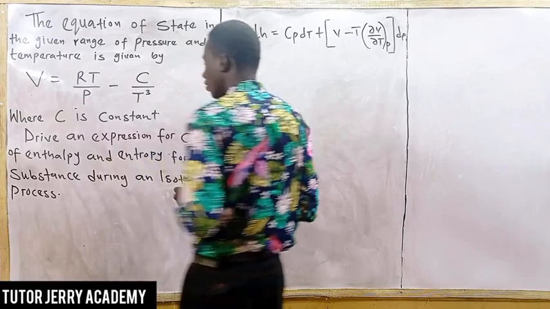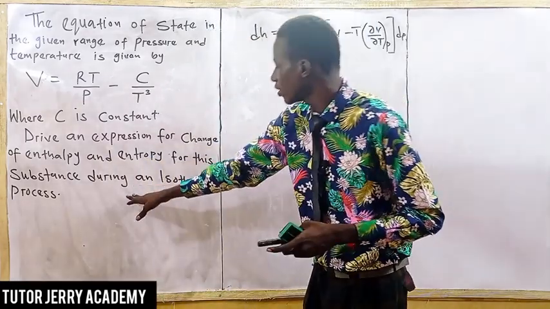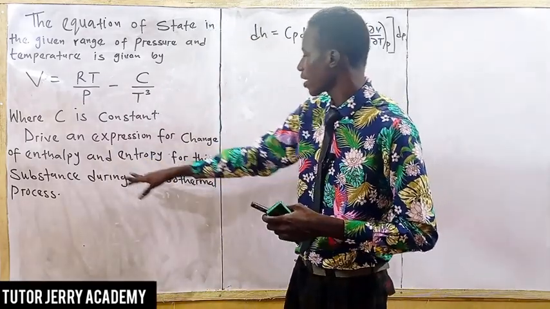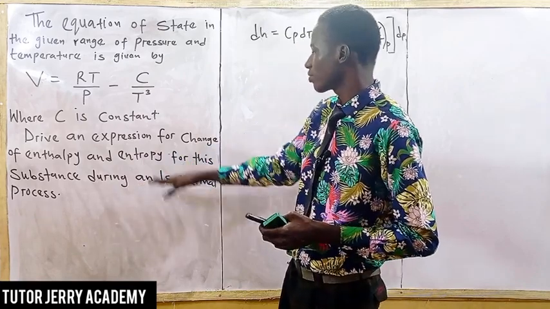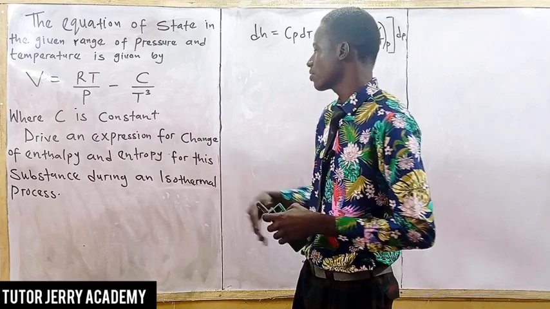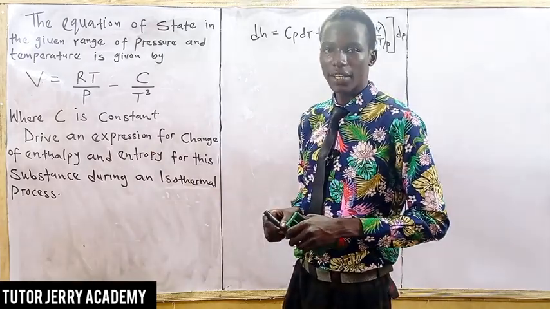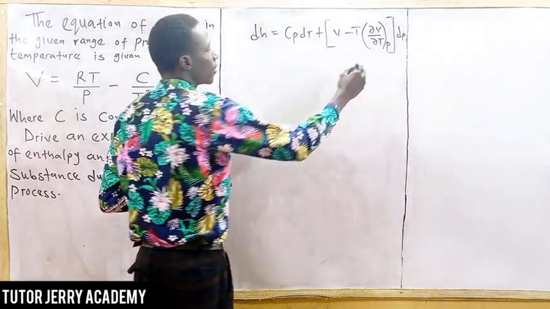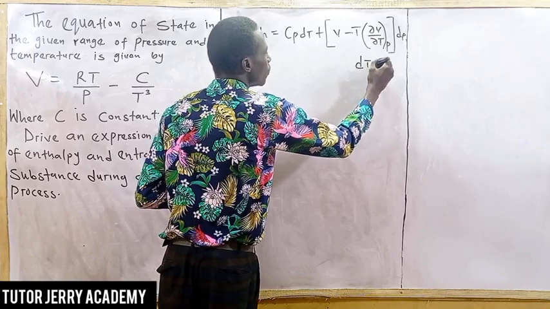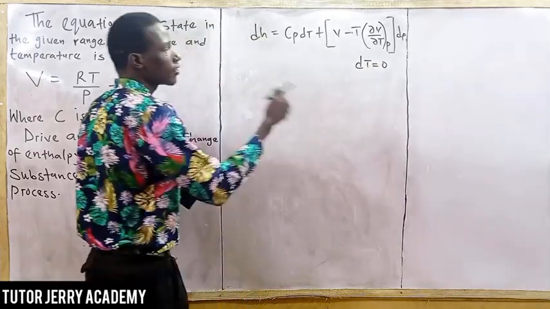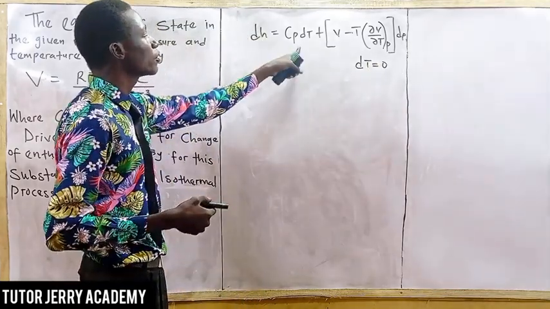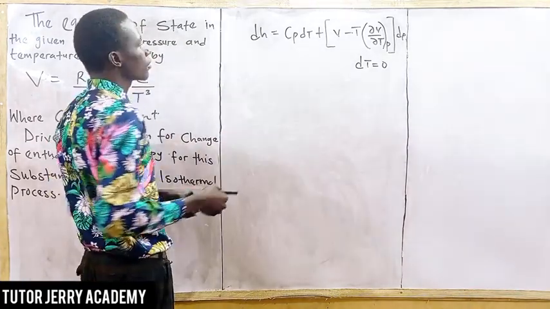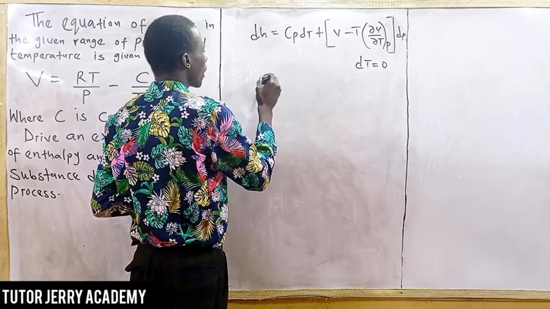From the question, during an isothermal process we should derive an expression for the change of enthalpy and entropy. An isothermal process implies that dT is equal to 0. If dT is equal to 0, we put dT equals 0 in this equation.